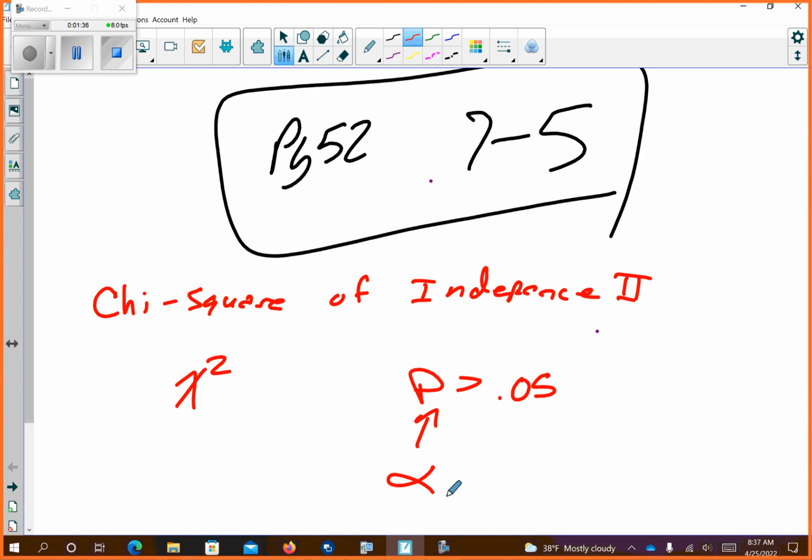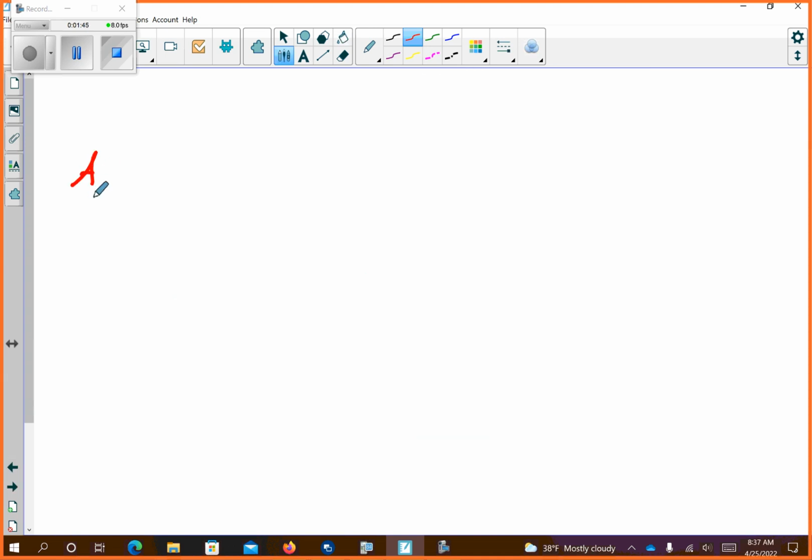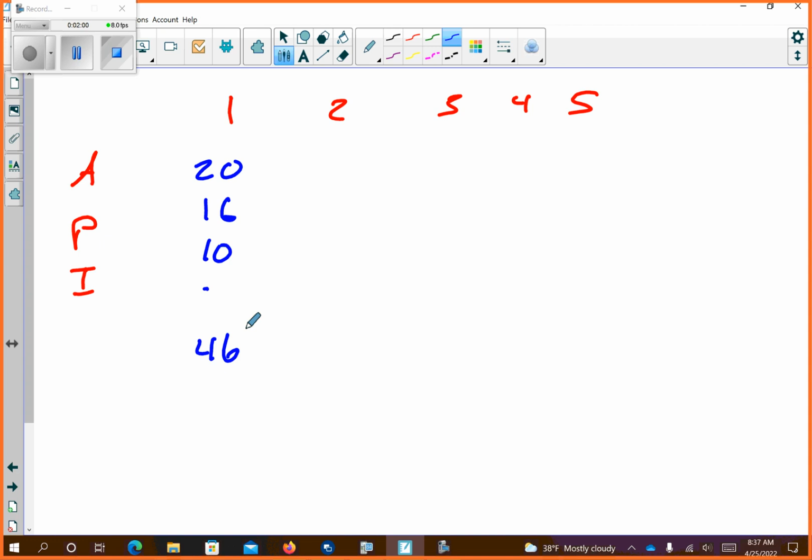Okay, so we're continuing with the categories with the ocean and all that kind of stuff. They have the Atlantic, the Pacific, the Indian. They have categories 1, 2, 3, 4, and 5. 20, 16, and 10. So there's 46 down here. 16, 8, and 4, so there's 38 category 2s. 10, 6, 2.